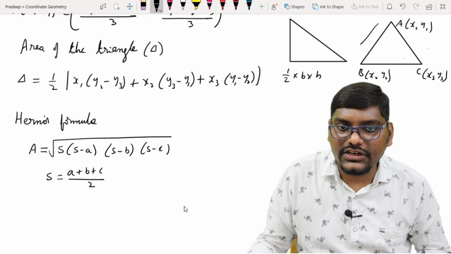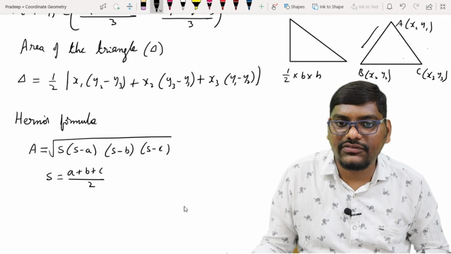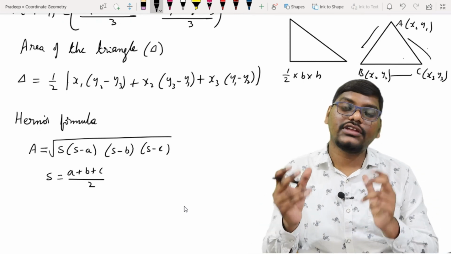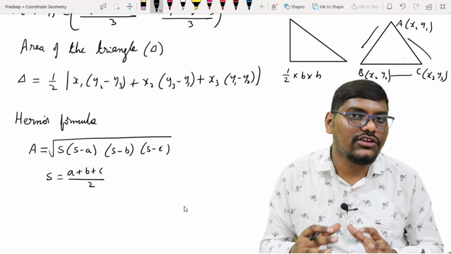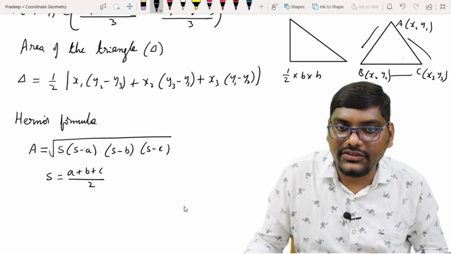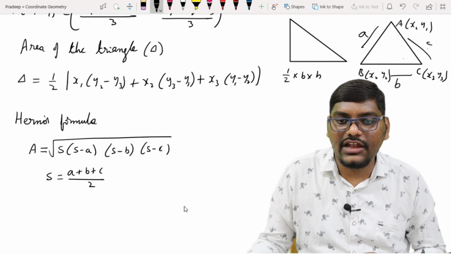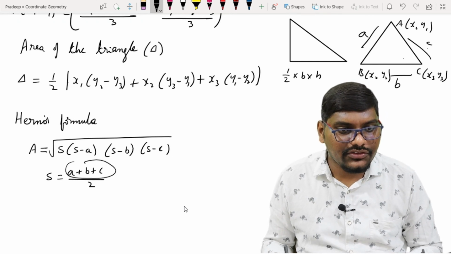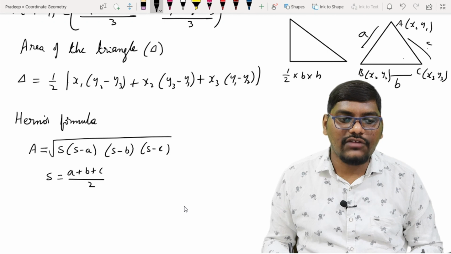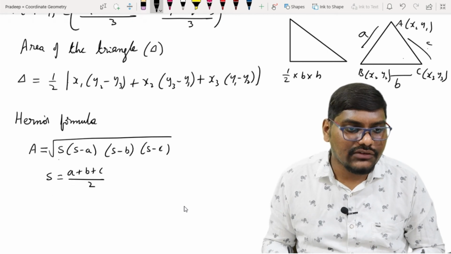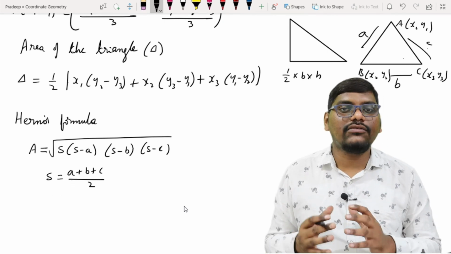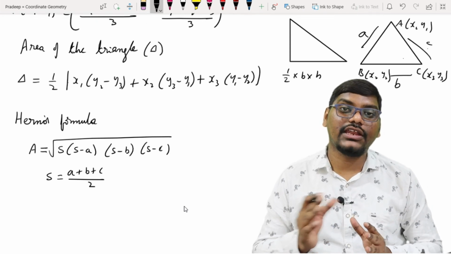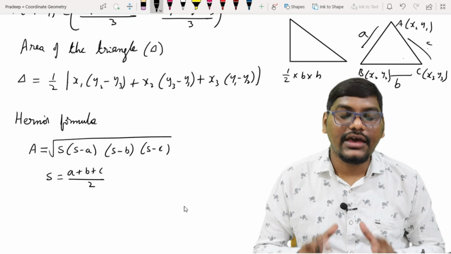First we find the distances between the points: the AB distance, BC distance and CA distance, using the distance formula. Whatever values we get, we take them as a, b, c, and solve a plus b plus c by 2. Then we substitute that value in the formula and get the area of the triangle. So this is the way we find the area of a triangle using Heron's formula.